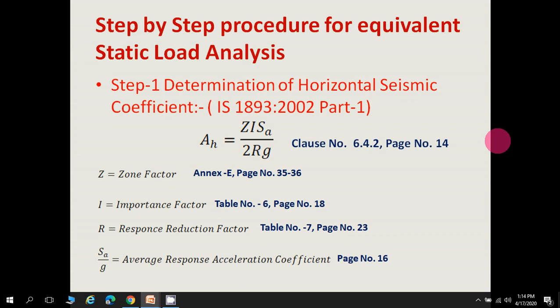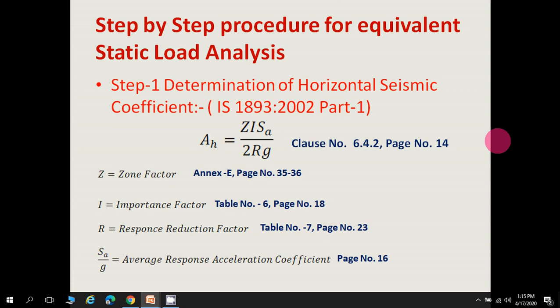What type of building you are constructing determines the value of the importance factor. R is the response reduction factor, which is mentioned in table number 7 and page number 23. The value of R depends upon what type of structure you are constructing. Suppose you are constructing an ordinary moment resisting frame, OMRF, for a residential building, or the intensity of earthquake at that region is low, then the value of R will be different.